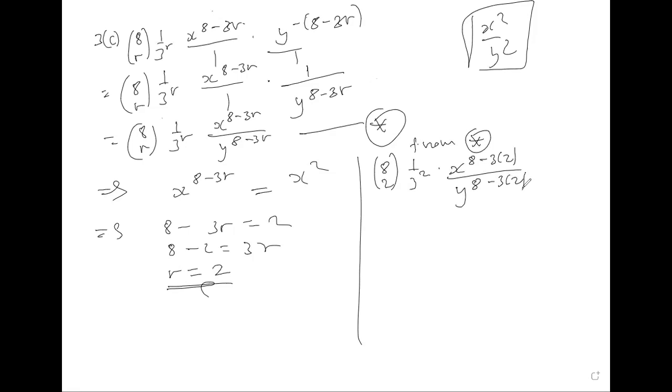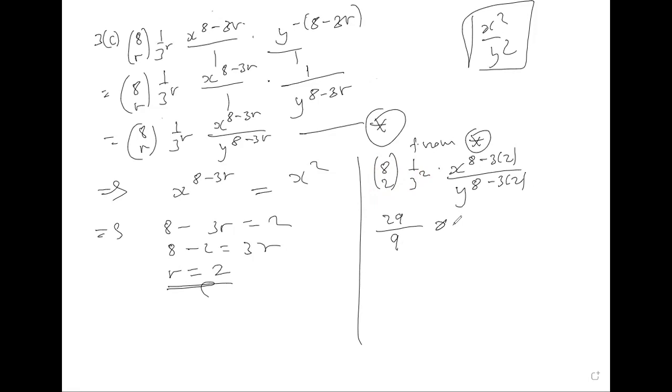And this simplifies into, when we simplify this, 8 combination 2 gives you 28, so you have 28 over 3 squared, which gives you 9. So this will be over 9.